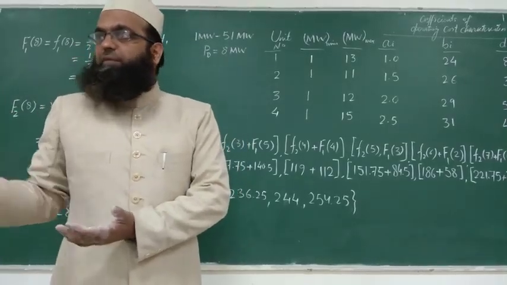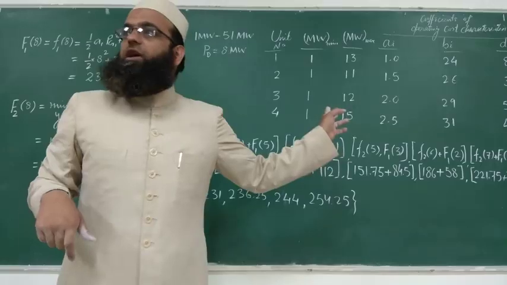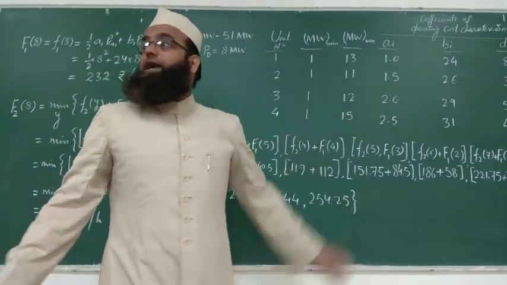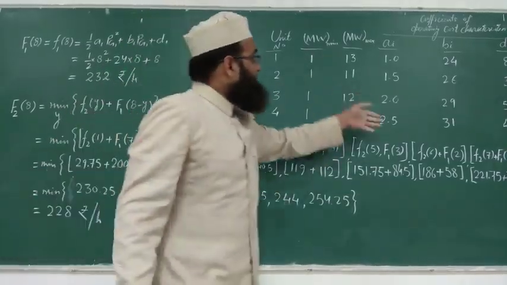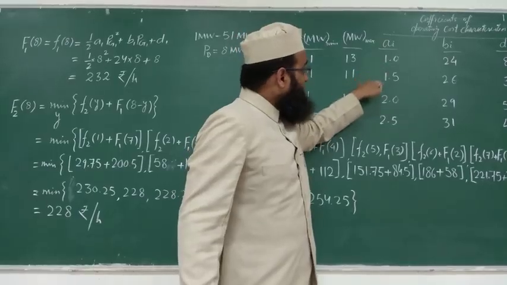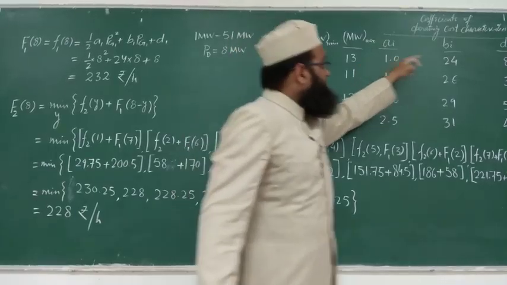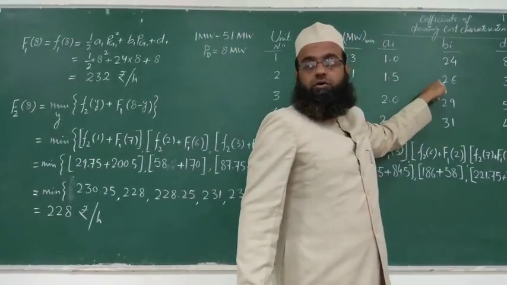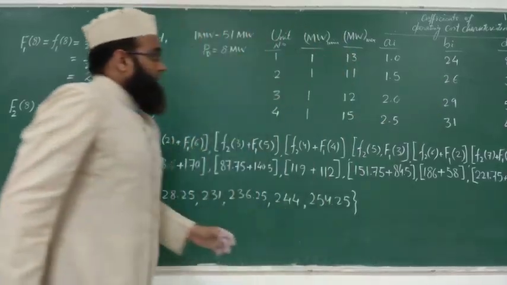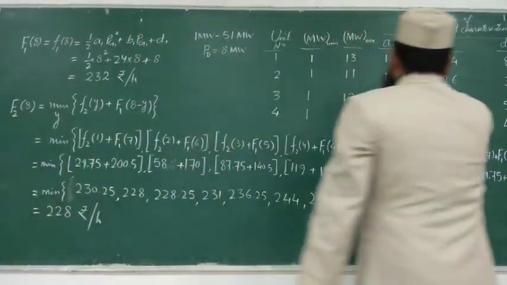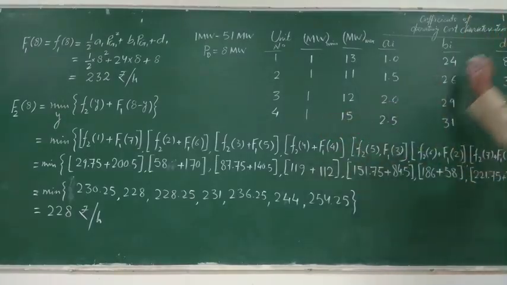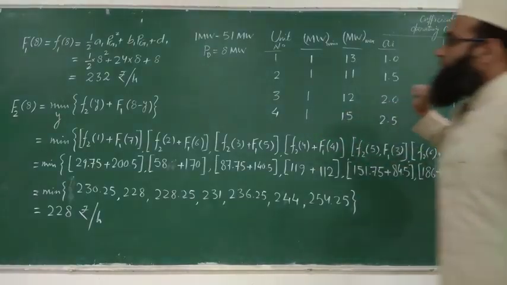Our demand is 8 megawatt, which can be met by this unit as the capacity is up to 13 megawatt, and this one is 50% more efficient than this. This is also more than this. So mainly these two parameters are affecting the cost. These are fixed.